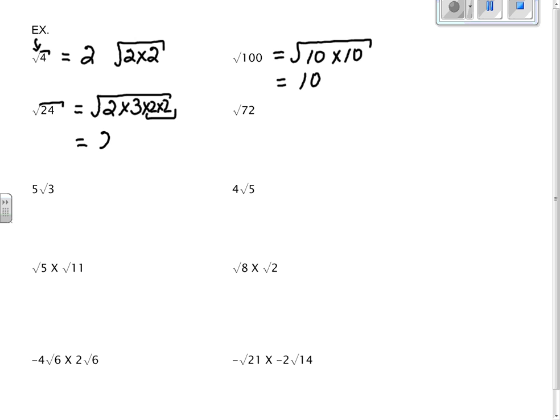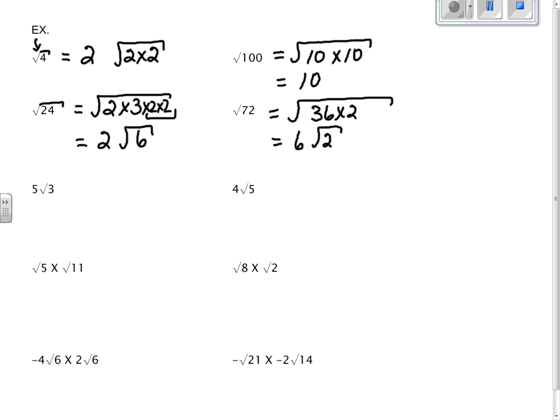So I am left with 6 inside, but because I had two identical 2's, I can take one outside of the root. 2 root 6 is the most simplified form for root 24. Root 72 is 36 times 2, which I could write as 6 root 2.